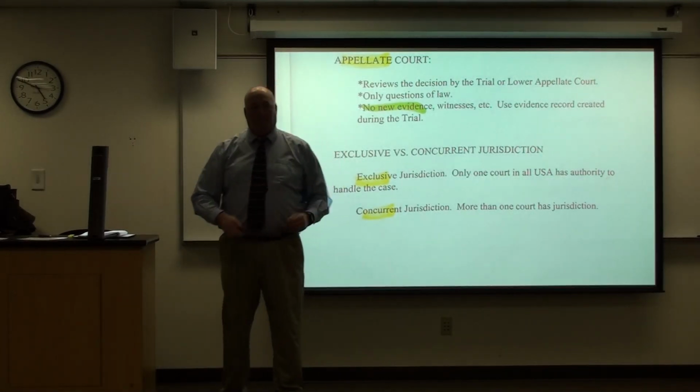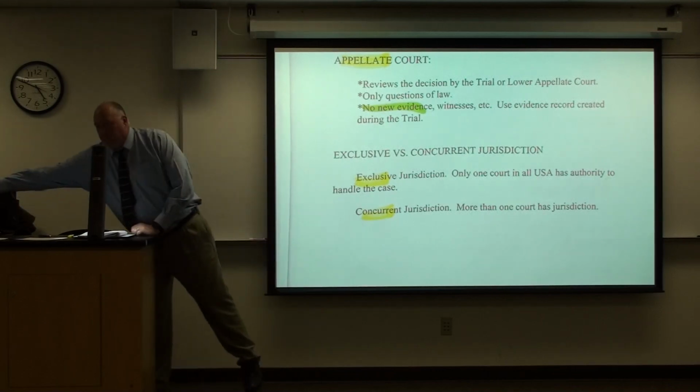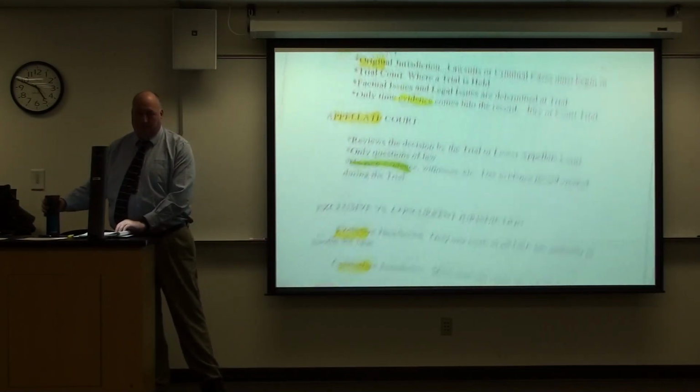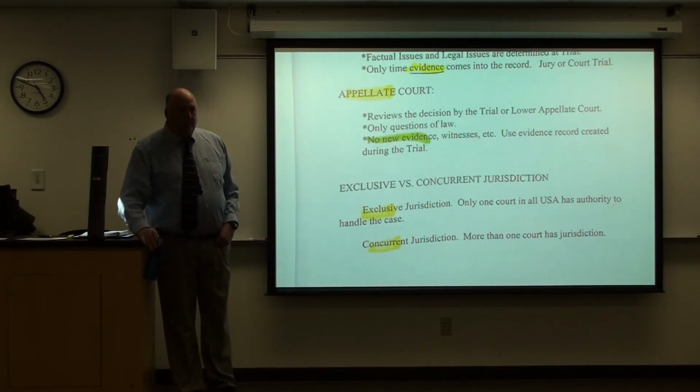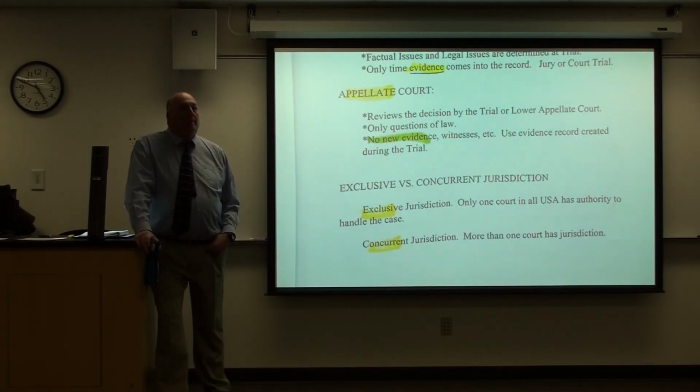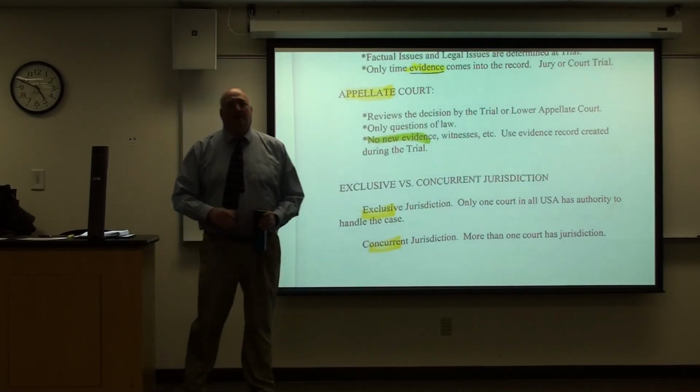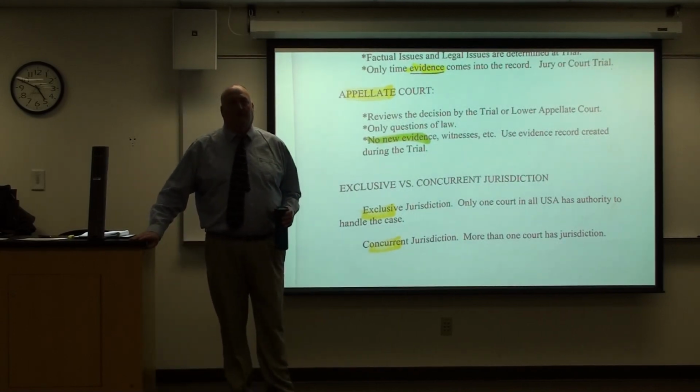You said there's a lot more trial courts than appellate courts. If you guess, what would be the percentage of trial cases that get taken up to the appellate court? 1%? Maybe. I don't know. I'm sure there have been studies done. It's very small, for lots of reasons.